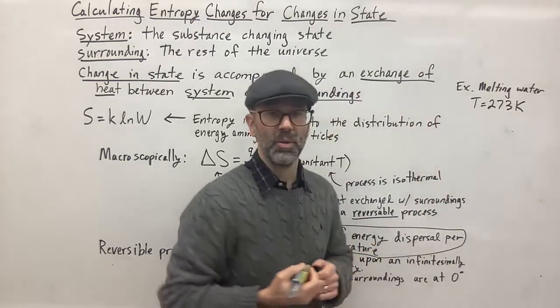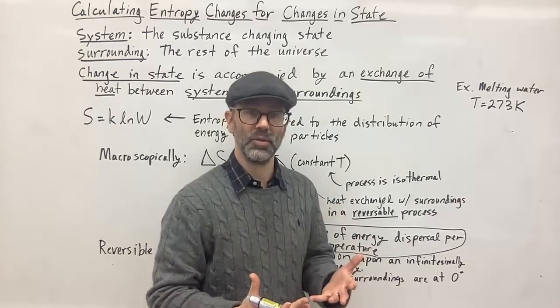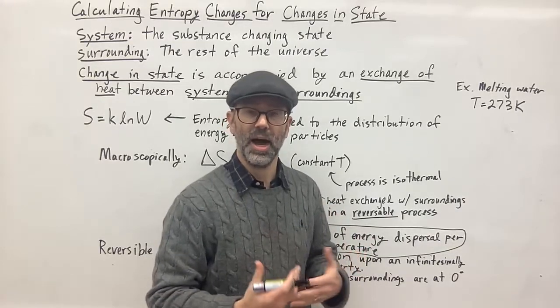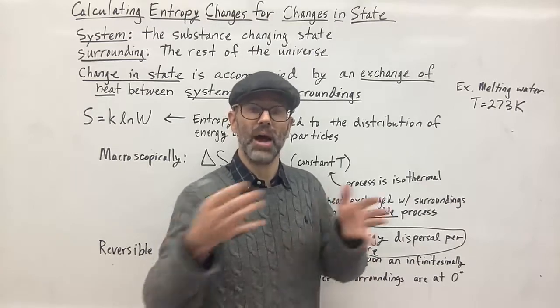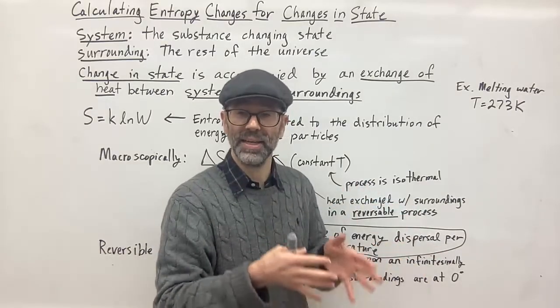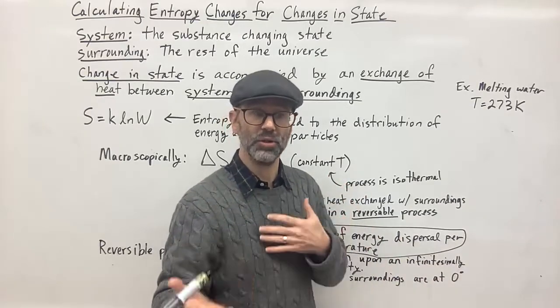Okay. We need to know what the heat exchange is. So when you're melting water or melting ice, we need to know what the heat of fusion is, because that's going to be the amount of heat that's absorbed by the ice per mole. So it's kilojoules per mole.